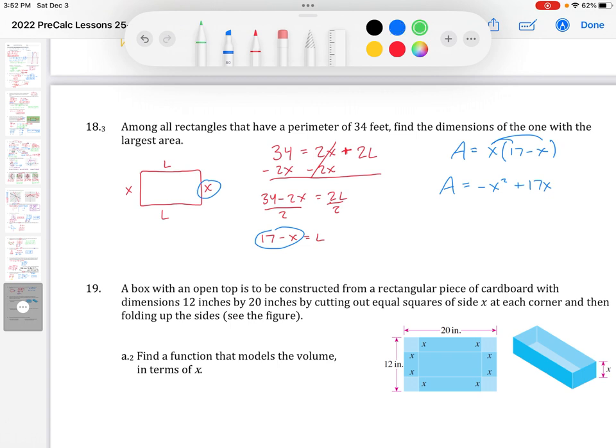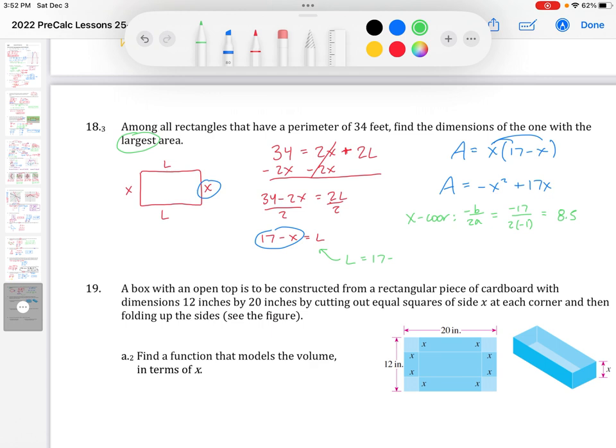So now I want to find the dimensions with the largest area. So we're finding the vertex. To get the X coordinate, we take negative B and divide it by 2A, which is negative 17 divided by 2 times negative 1, which is positive 8.5. And then to get your Y coordinate, we can go back over here.